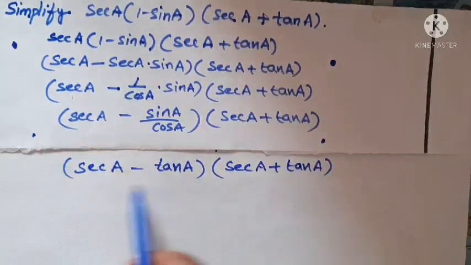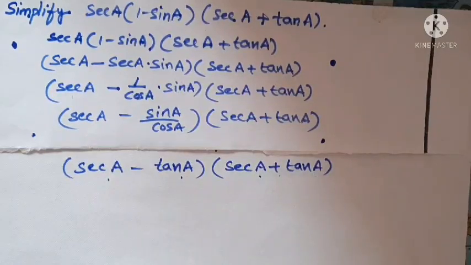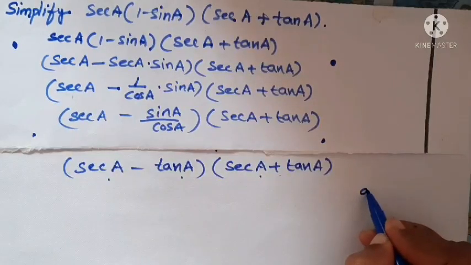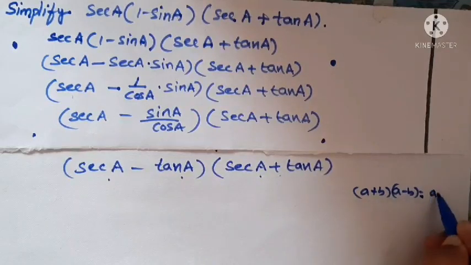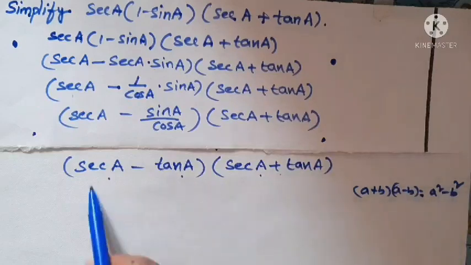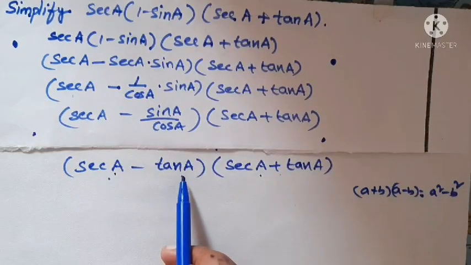We observe this one, secant a minus tan a, secant a plus tan a. This is in the form of a plus b into a minus b. You know that a plus b into a minus b equals a square minus b square. But here a is equal to secant a and b is equal to tan a.